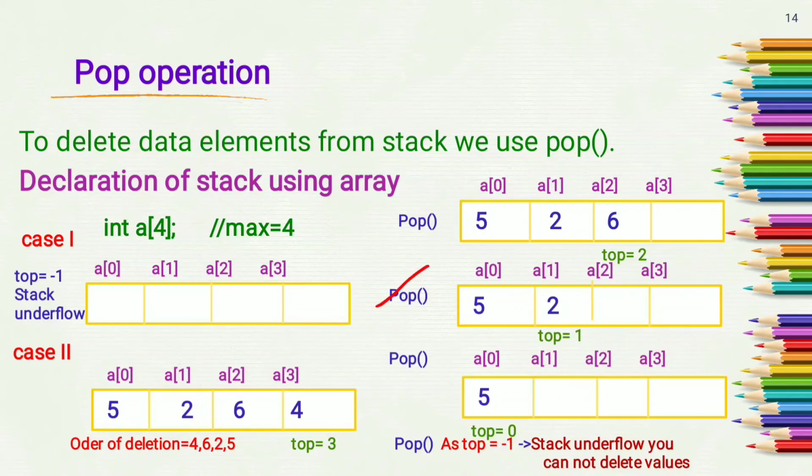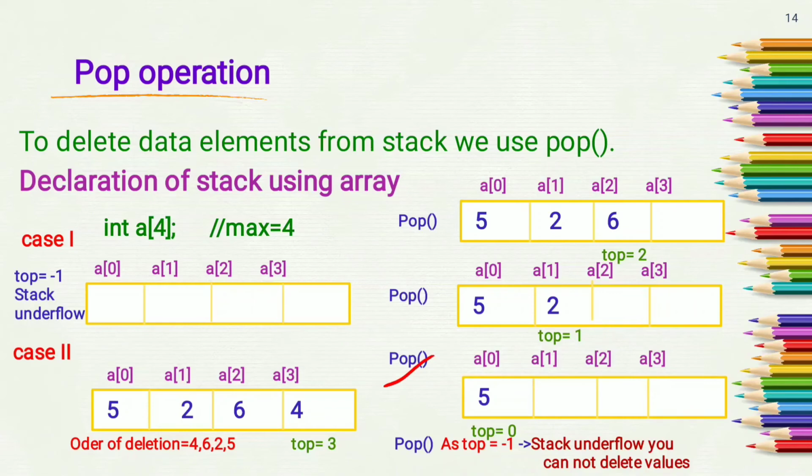Now again I want to perform the pop operation. First I have to check, is the value of top equals -1? No, the value of top equals 1. So this condition is false. So I will access the value a[1] from the array or stack. That means I will get 2 after 6. Now decrement the value of top by 1. So the value of top now becomes 0.